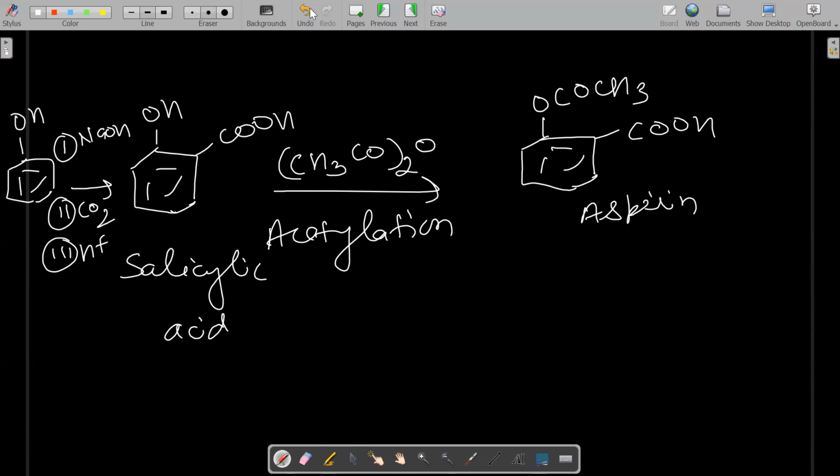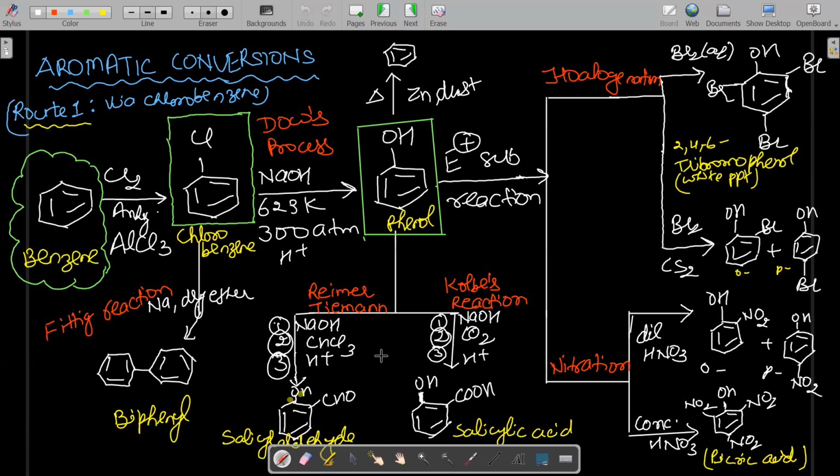So the conversion is not very tough for anyone; you only have to know some ideas. This is the flow chart for phenol. If you remember these reactions, you can make this flow chart on your own, and then you can recall the images and reactions.